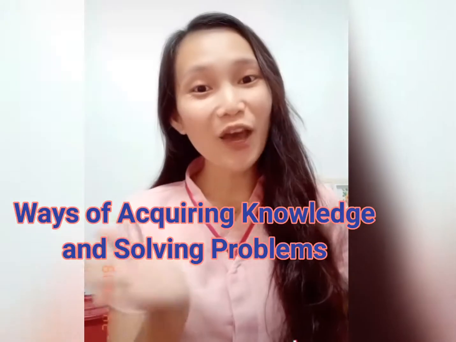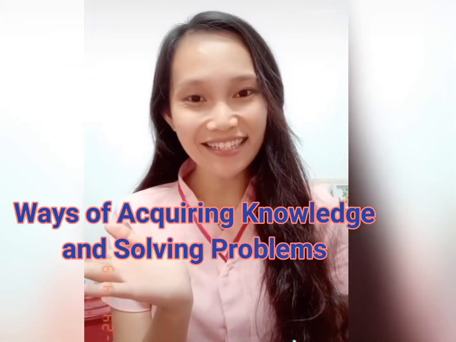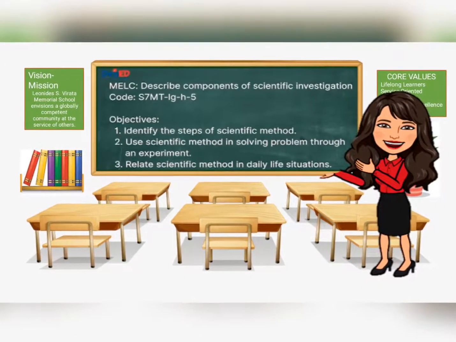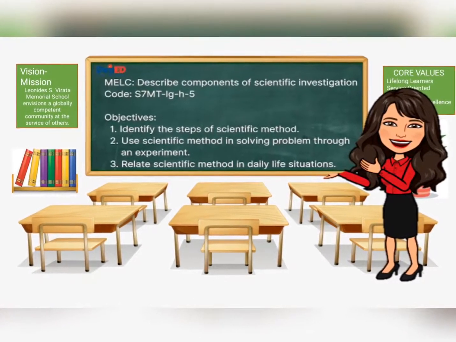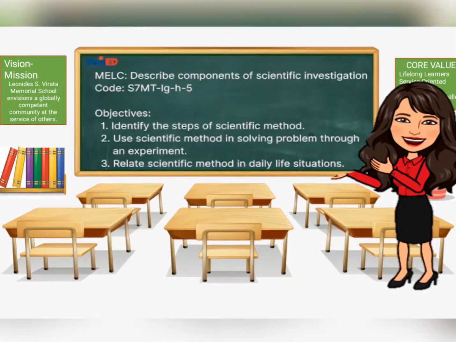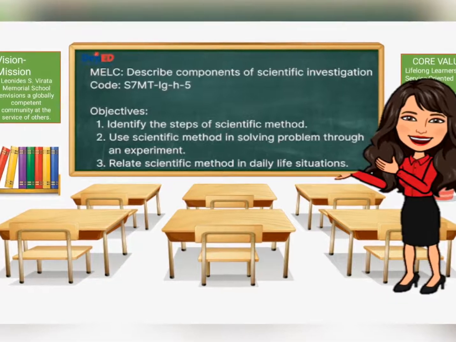Good day. Our lesson 1.2 for today will be all about ways of acquiring knowledge and solving problems. Our objectives: identify the steps of scientific method, use it in solving a problem through an experiment, and relate it to daily life situations.